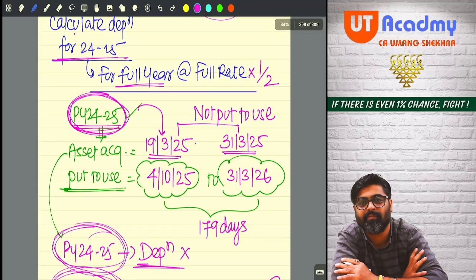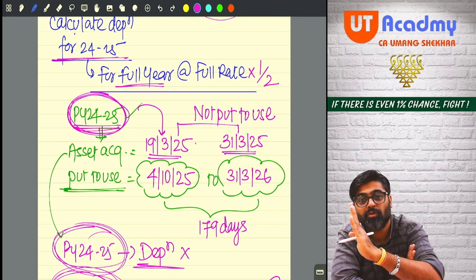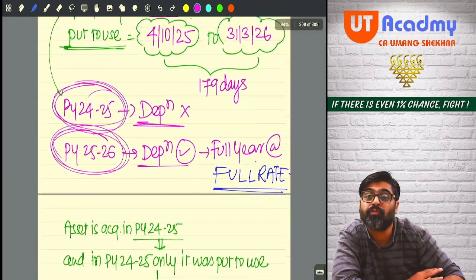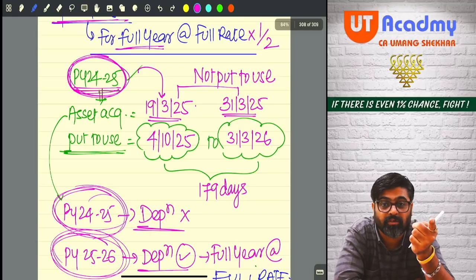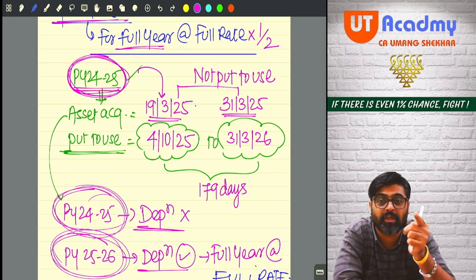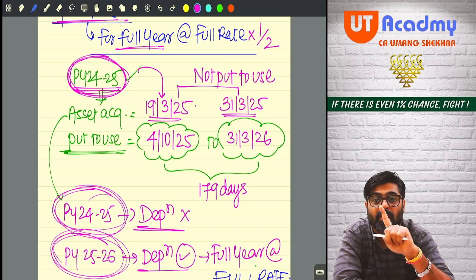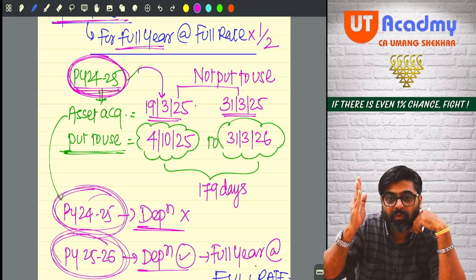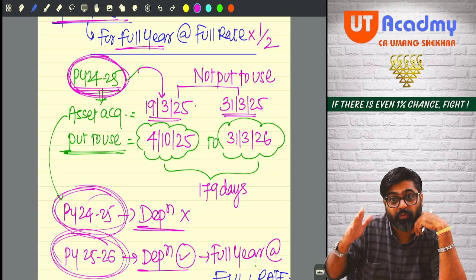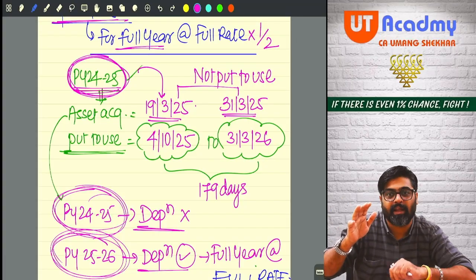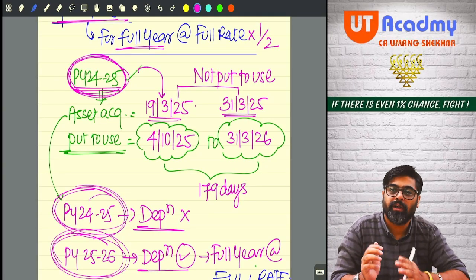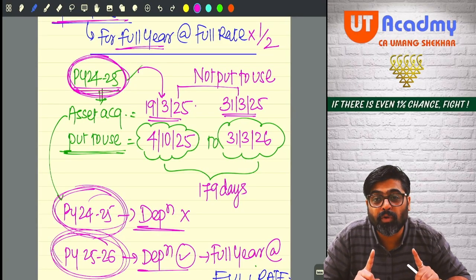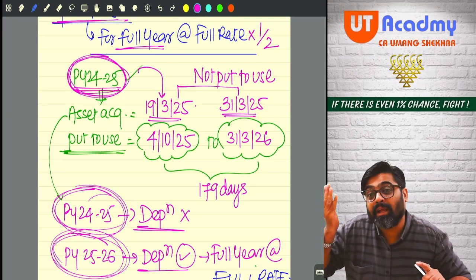Check. 4th October put to use. So from 4th to 31st, how much? 179 days. What if you put to use on 5th? This 179 will become 178. What if you put to use on 6th? It will become 177. On 7th, it will become 176 days. So 4th to 31st, it will be 179. After 4th also, it will be less than 180. So you have to put to use prior to 4th October.